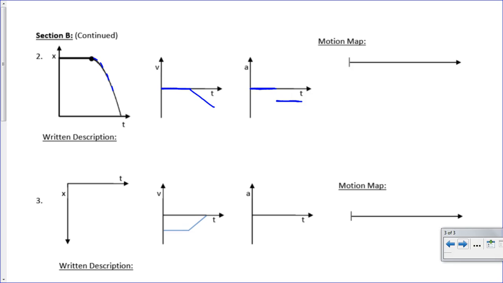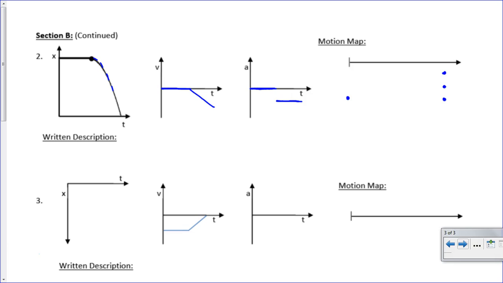A motion map to show something that is standing still at first. Positive, it's going to start off here, positive, it's standing still. All right, and then it travels in the negative direction, and it's speeding up as it travels in the negative direction. So the arrows start off short, and then they get longer, and then longer. All right, and then actually, this one's kind of hard because it should end at 0. So what I'm going to do here to make this work right, this is kind of a trick.